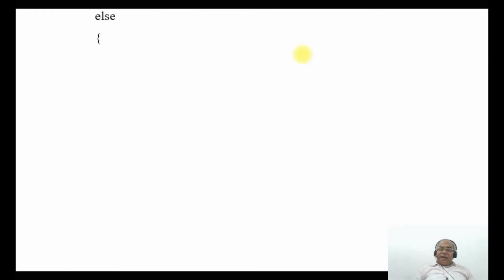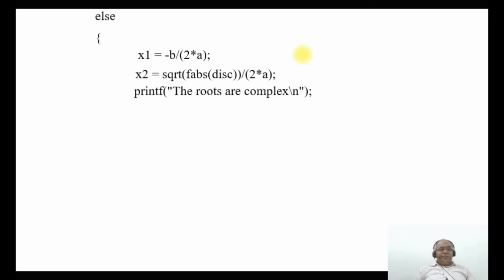Then else, what happens? You are going to have x1 is equal to minus b by 2 star a, and x2 is the square root of fabs, that is the floating absolute value of discriminant, by 2 star a.